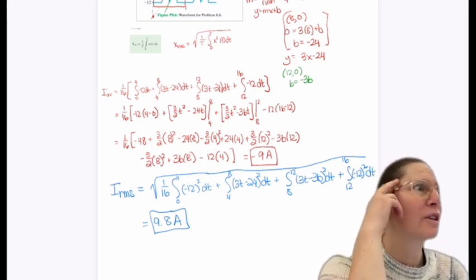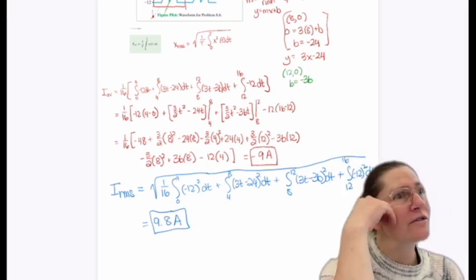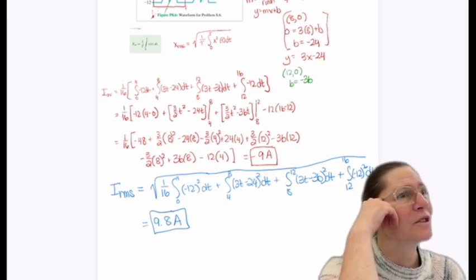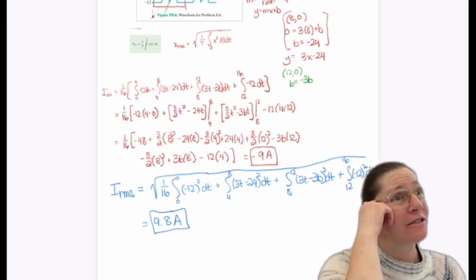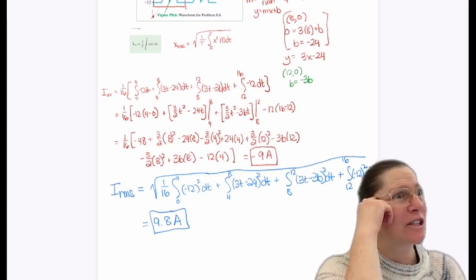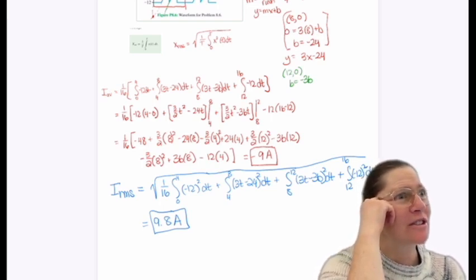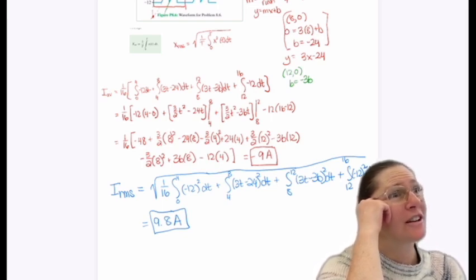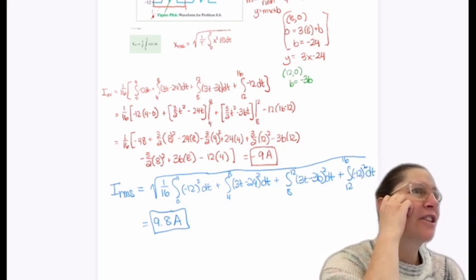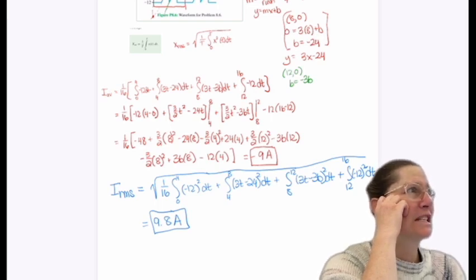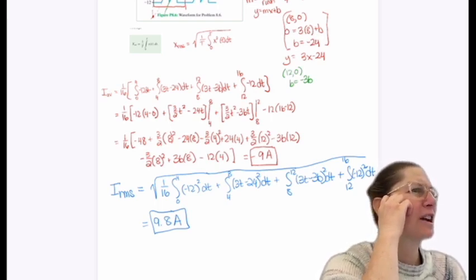You're squaring all of those, and then you're taking the average of the squares, and then the square root of it. So you're squaring it and then square rooting it. That gets rid of all the negatives, and so it gives you a better representation of that average.